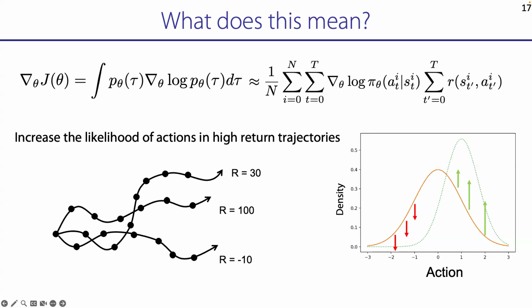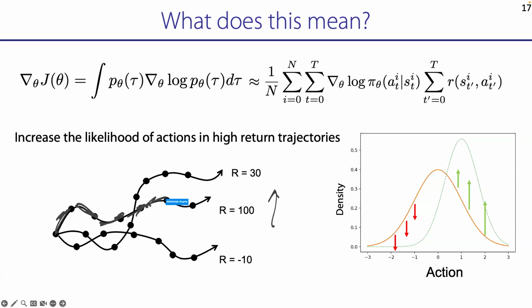I'm going to draw those 3 trajectories, and then take all the actions in the second trajectory and upweight all of them. Since the gradient is grad log pi times reward, I'm going to increase the likelihood of actions at states weighted by their reward. So I'm going to increase the likelihood of each of those actions.